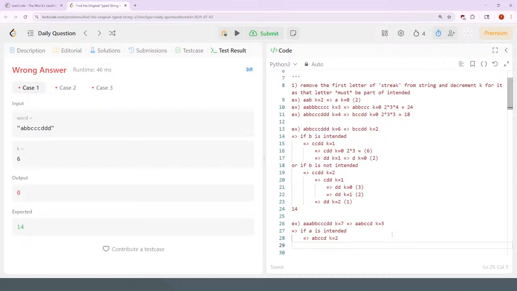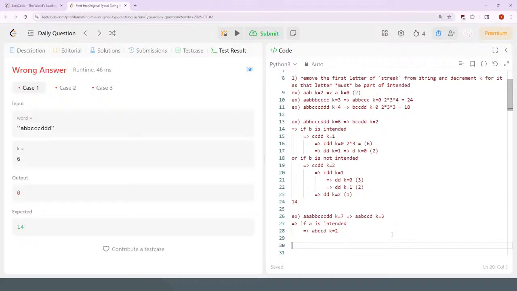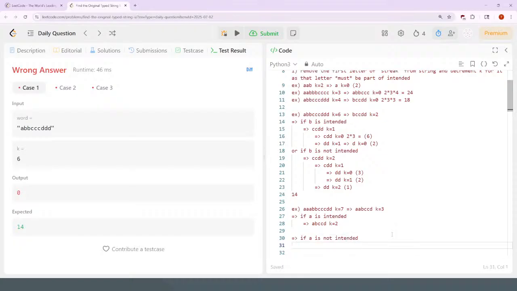Alternatively, if the first A is not intended, then that means also the second A is not intended.